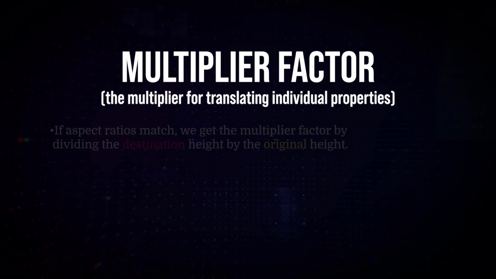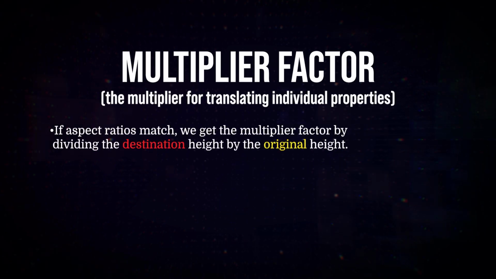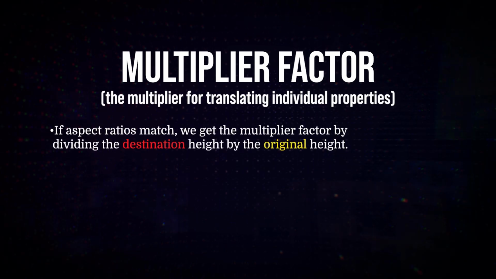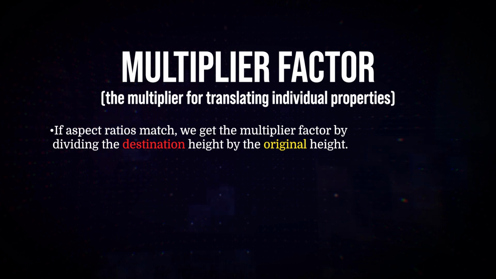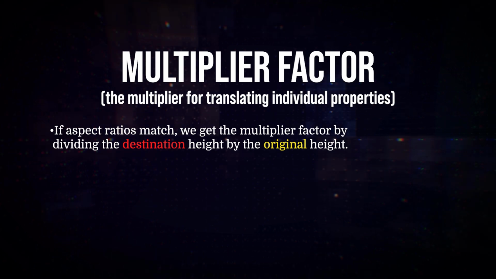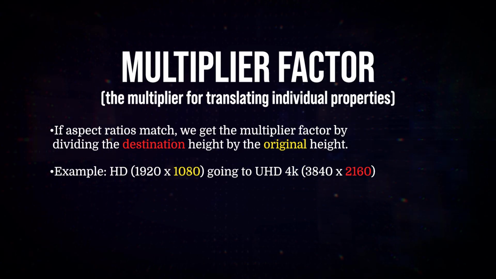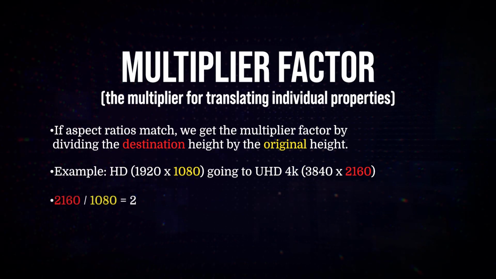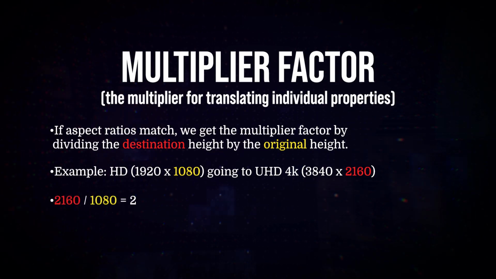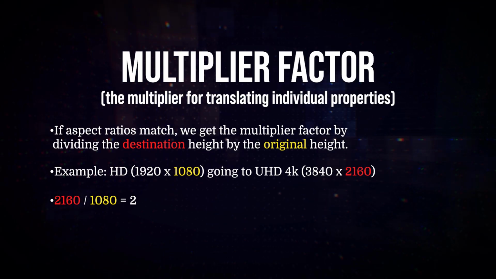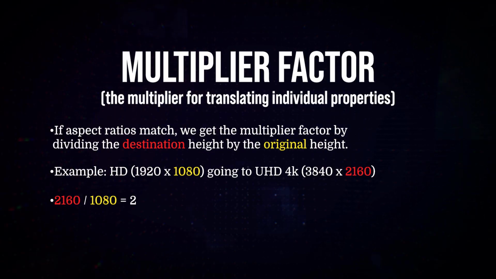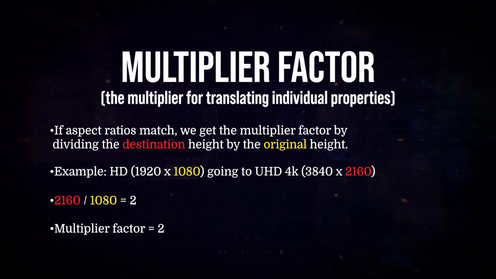When the aspect ratios of both formats are the same, we get the multiplier factor by dividing the destination height by the original height. So if we had an HD comp that we were scaling up to UHD 4K, we would divide the destination height, which is 2160, by the original height, which is 1080 in this case, and that would give us a multiplier factor of 2.